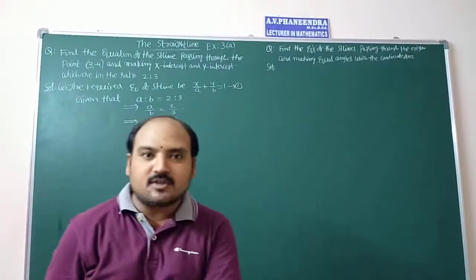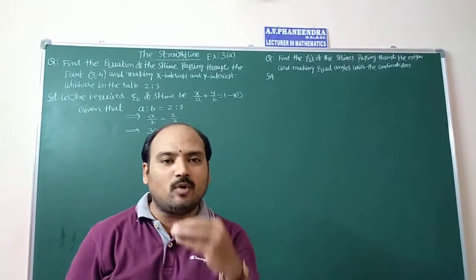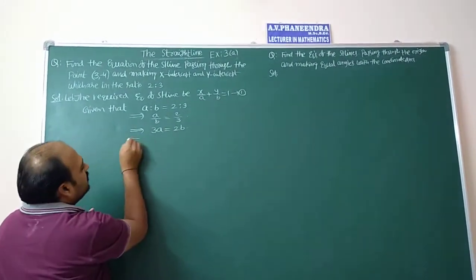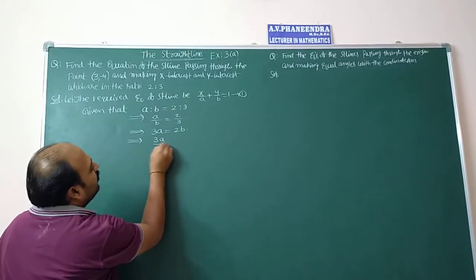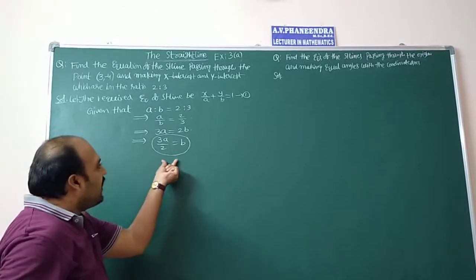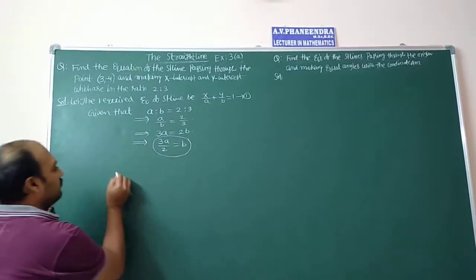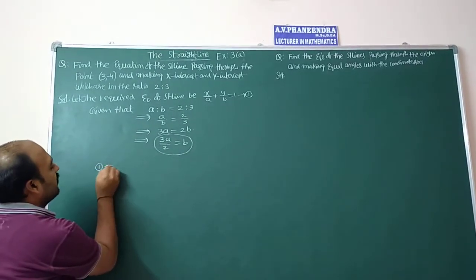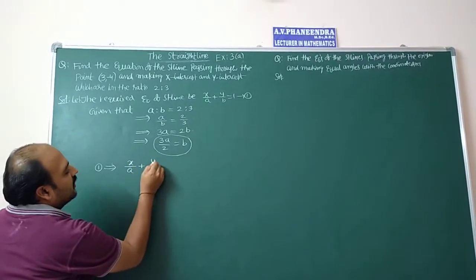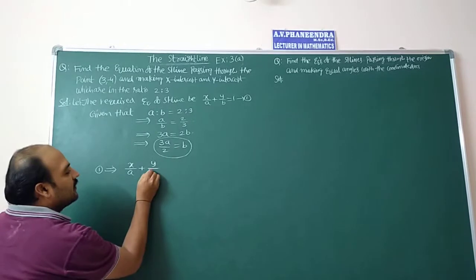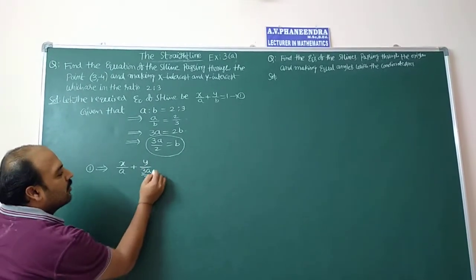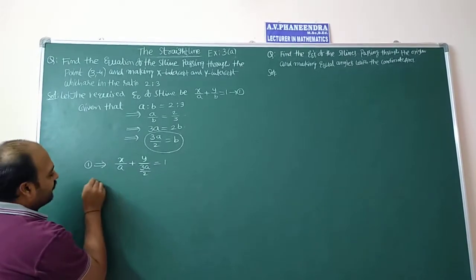Either a in terms of b or b in terms of a, we have to convert it. So better to do b in terms of a. So it will become 3a/2 = b. This b value substitute in equation 1. Therefore x/a + y/(3a/2) = 1. The 2 in the denominator of the denominator will become a numerator in the next step.